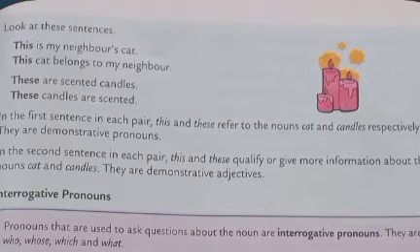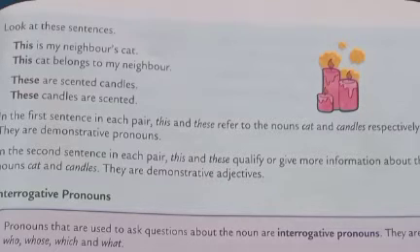Children, I will explain this one more time. This is my neighbor's cat. This cat belongs to my neighbor. This is one set of sentences, and these are scented candles. These candles are scented. So these are two sets of sentences.